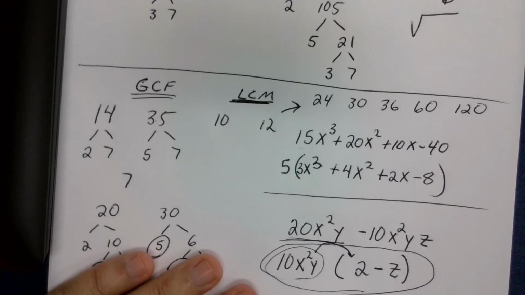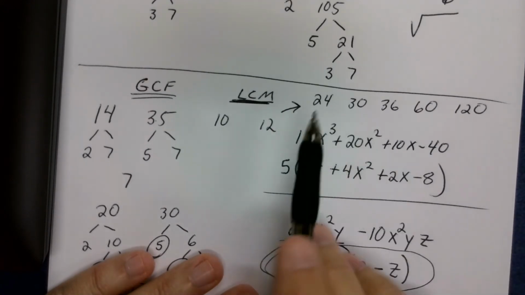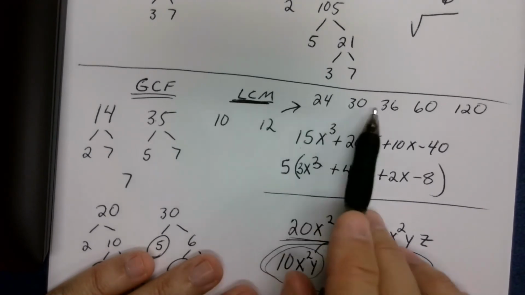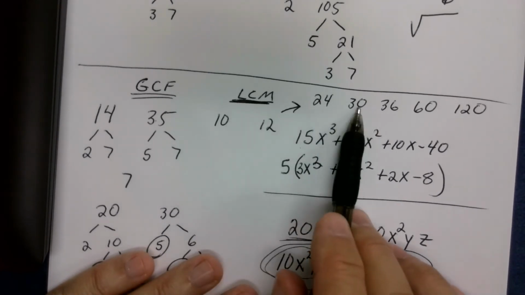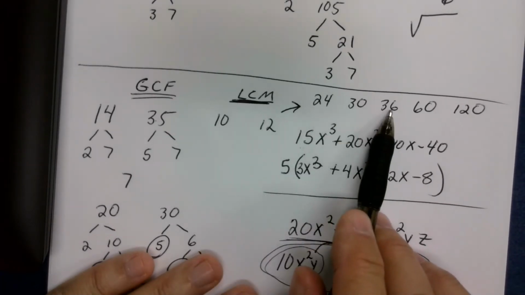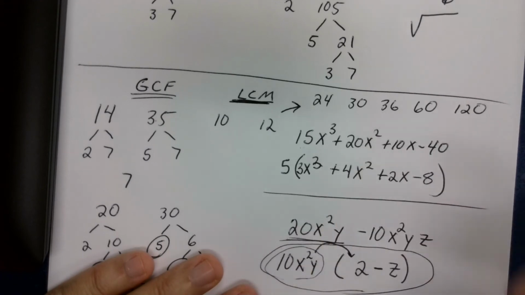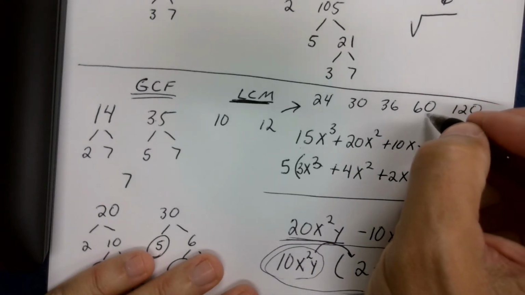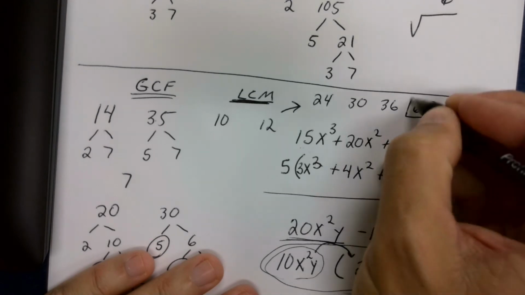Okay, so I'm going to tell you it can't be 24 because 10 and 12 don't go into 24. It can't be 30 because 10 and 12 both don't go into 30. And it can't be 36 because 10 and 12 don't both go into 36. I will tell you that I believe that it might be 60 right here.